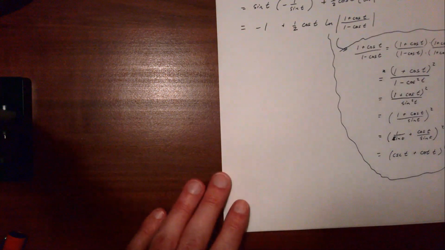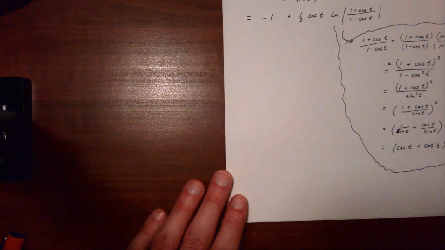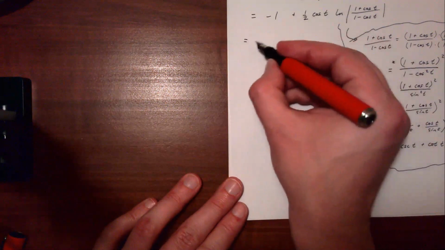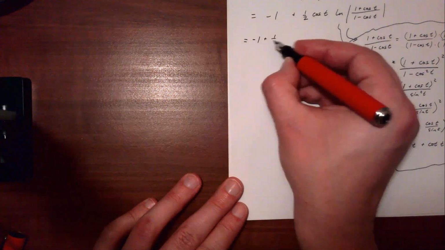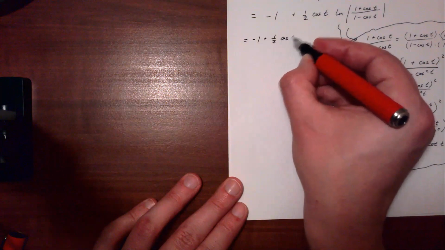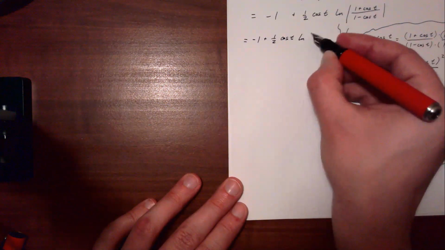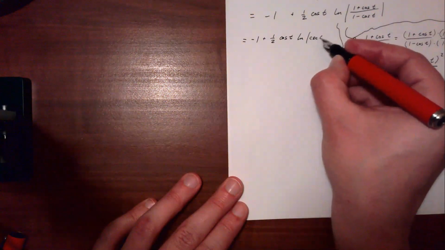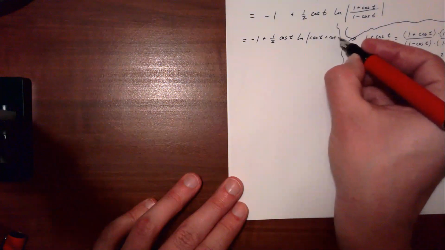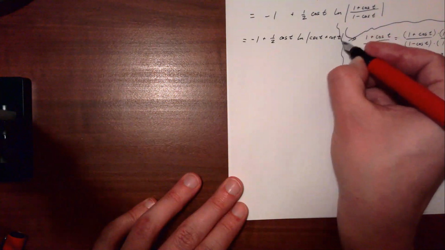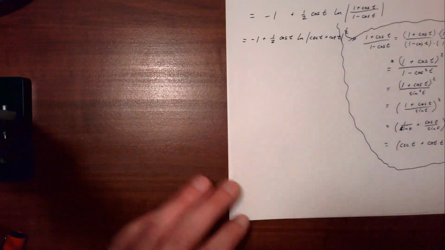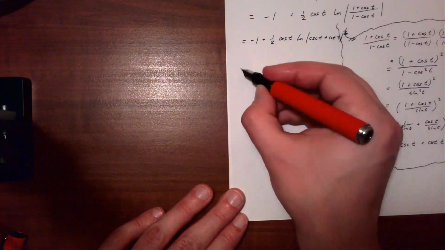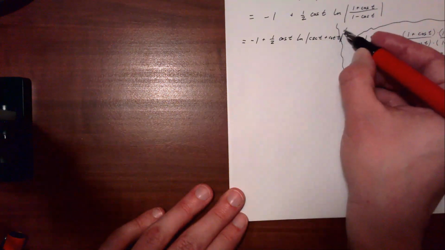And this was just a chain of trigonometric reasoning to allow us to then simplify this a little bit more. -1 plus 1/2 cosine t, natural log, absolute value, cosecant t plus cotangent t, squared, which then we can bring down this 2 and cancel with that.